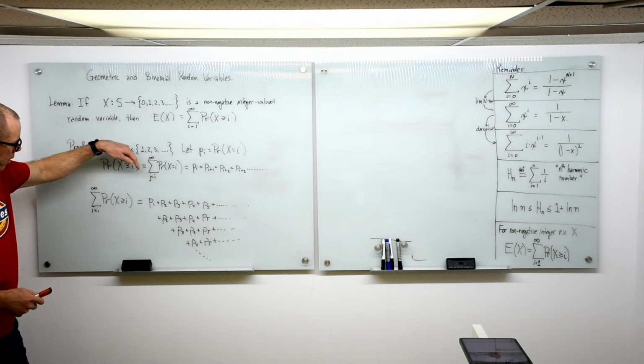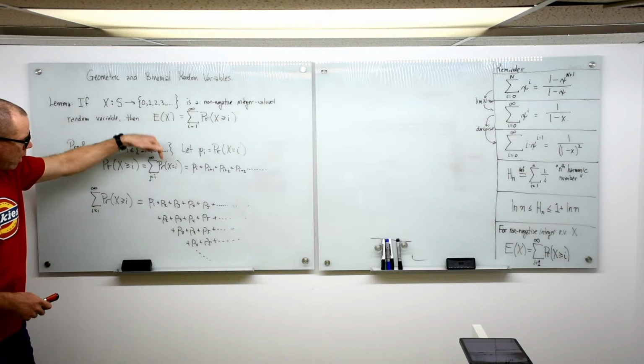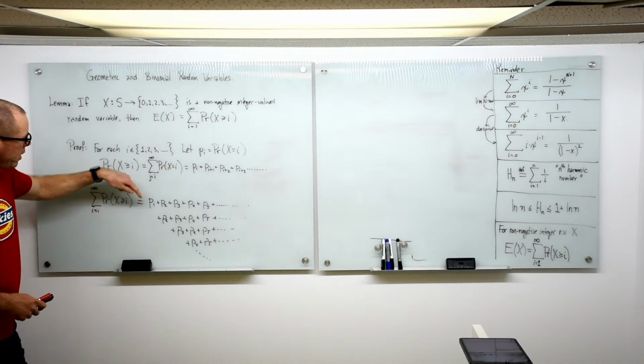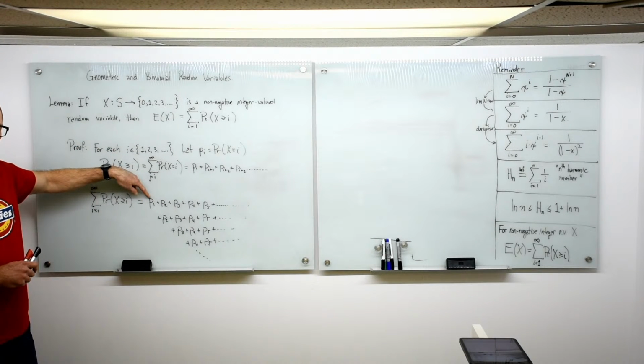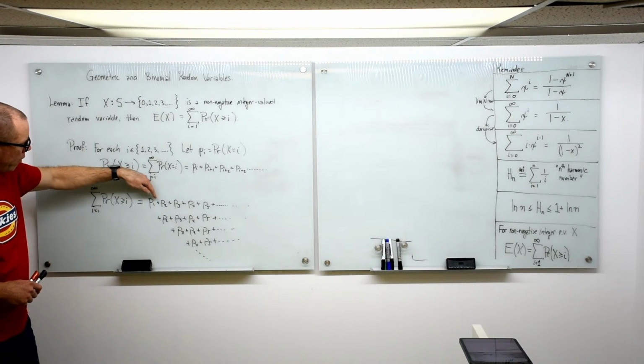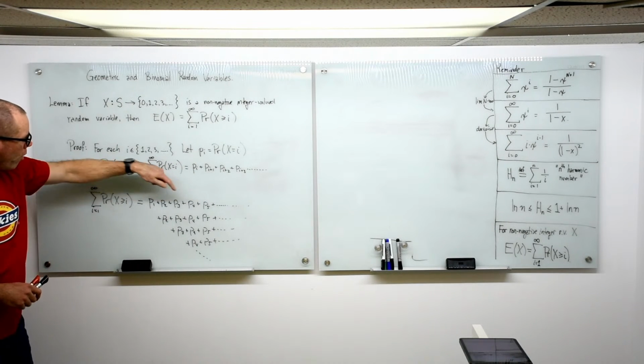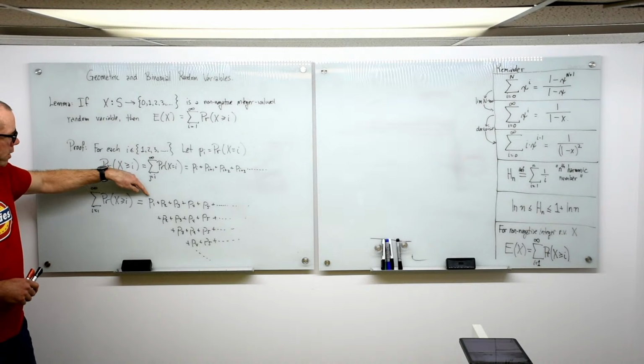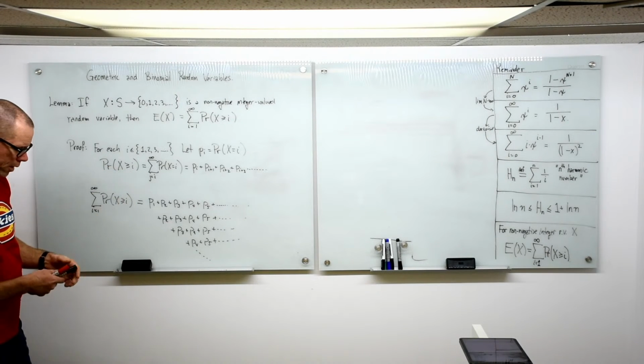If we look at this column by column, we see that p_1 only appears once here, right? It only appears in the first row, which corresponds to the probability that X is bigger than or equal to 1.